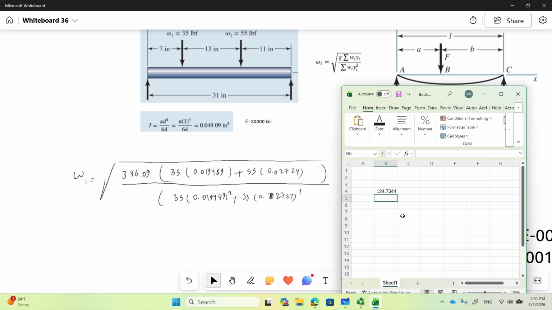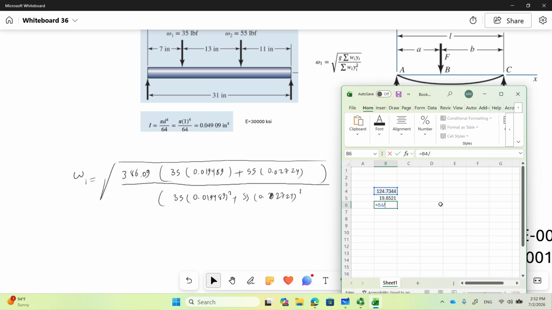124.73. That is gonna be in radian per second. So if I divide it by 2 times pi, this will be in hertz. Okay, this is radian per second.